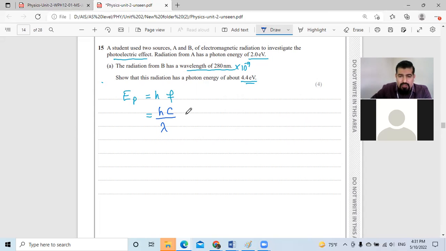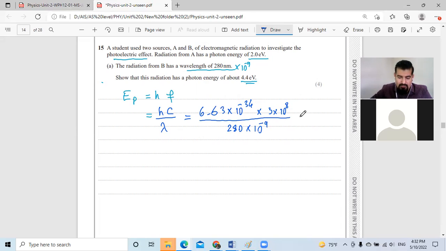So I will substitute the values here, which is 6.63 times 10 to the power of negative 34, multiplied by the speed of light, which is 3 times 10 to the power of 8, divided by the wavelength, which is how much? 280 nanometer times 10 to the power of negative 9.